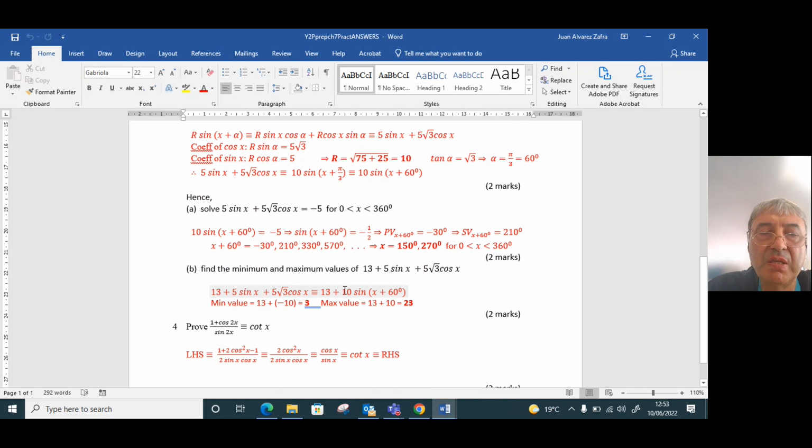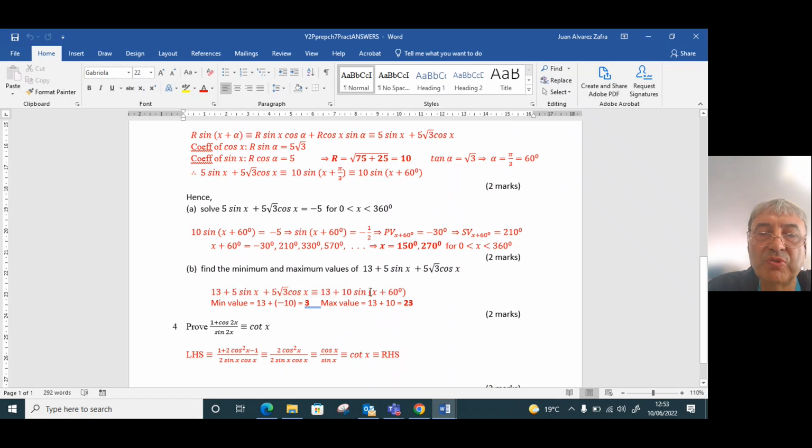And then for part B, a very common question, we want to find the minimum and maximum of the expression 13 plus this expression here, which should look familiar. If we replace that expression by 10 sine of x plus 60, we get that the whole thing is 13 plus 10 sine of x plus 60.